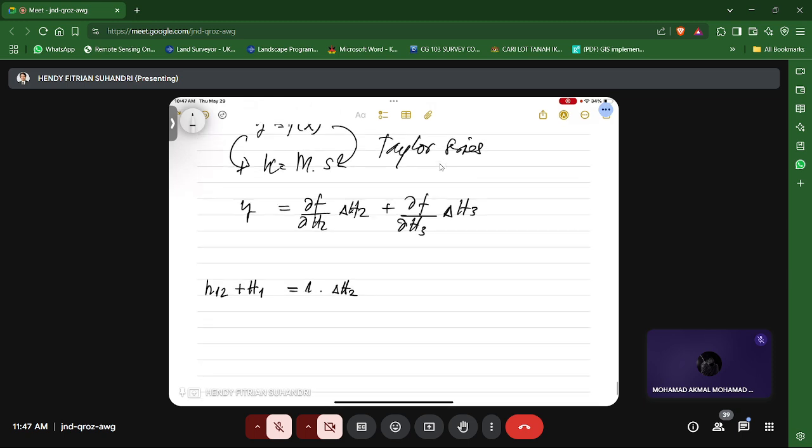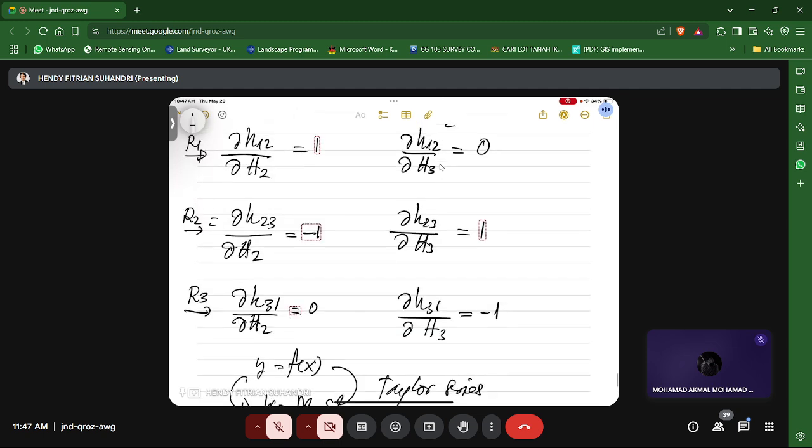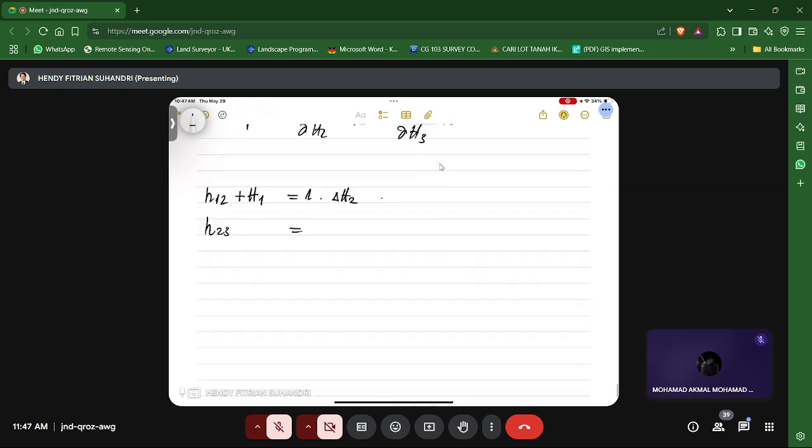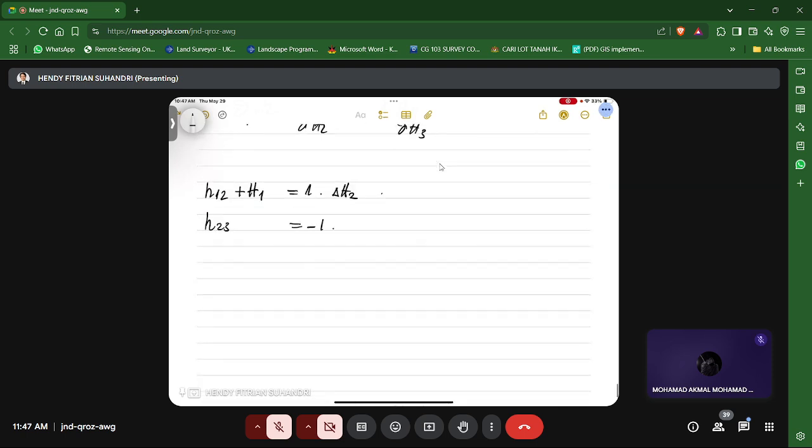Untuk persamaan kedua, do H23 sama dengan negatif 1 delta H2 plus 1 times delta H3.